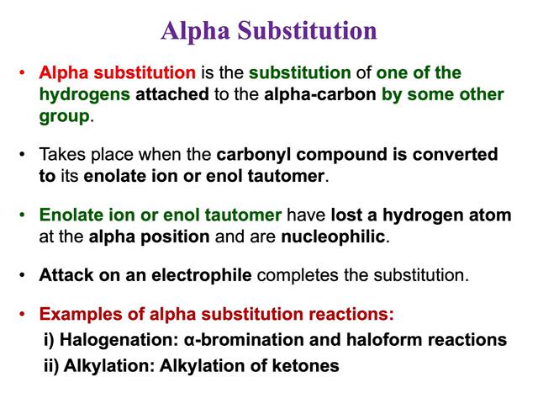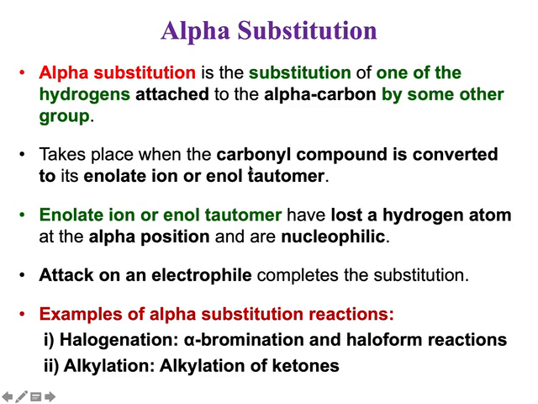So alpha substitution means substituting one of the hydrogens attached to the alpha carbon by some other group. We want to substitute one hydrogen attached on the alpha carbon by some other group.